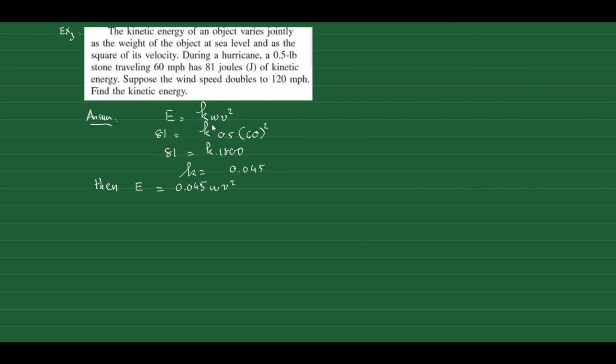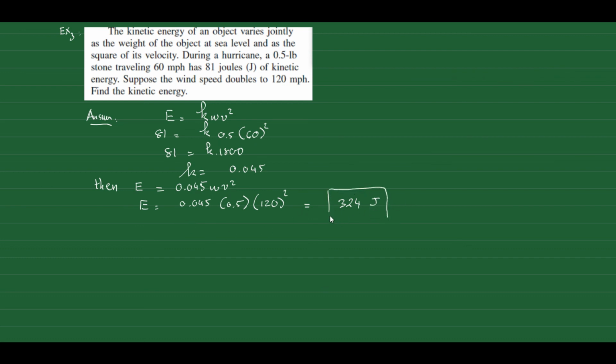Now what if the wind speed doubles to 120, what is the kinetic energy? So E equals 0.045, W is the same 0.5, but the velocity is doubled. So the kinetic energy will be more, of course. It will be 324 when put into the calculator, joules.